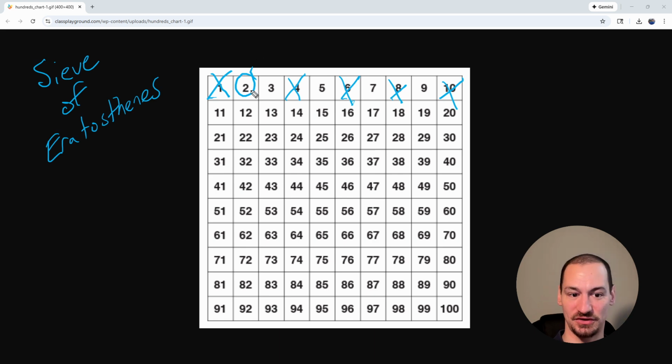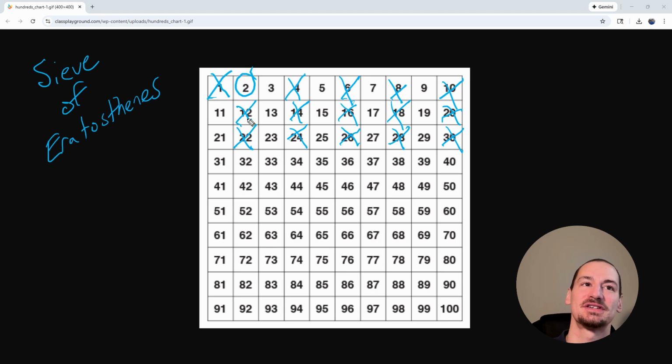So we can't follow that same procedure with 1 that we're using with 2. If we do it with 2, then we at least have some of the numbers left, but we're crossing out a lot of them. And maybe you can see which category of numbers are being crossed off right now. These are the even numbers. That's something that comes up in 2nd grade, but is useful through many grade levels.